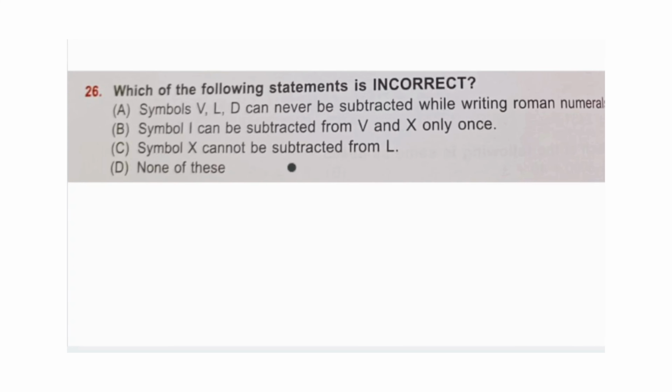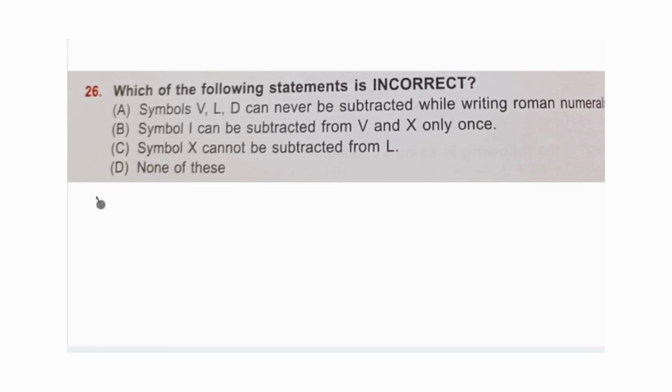So now we are looking at question number 26, which is in the Achievers section, Arts. These are little difficult problems, but not for you guys. Let's try to solve this. Which of the following statements is incorrect? Let's validate each statement separately. The first statement says symbols V, L, D can never be subtracted while writing Roman numbers.